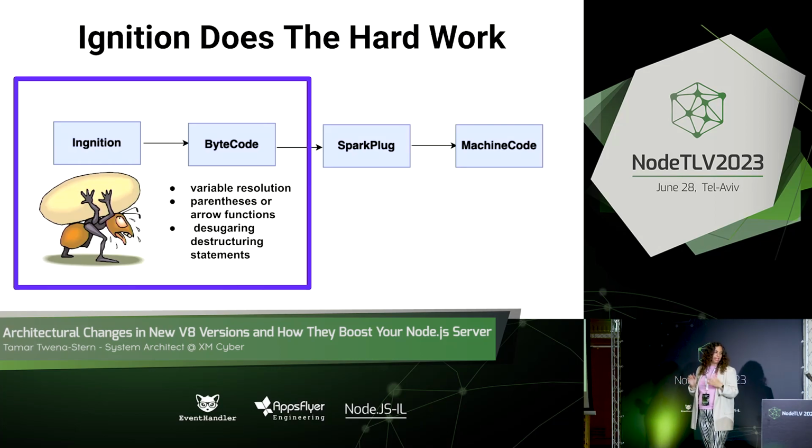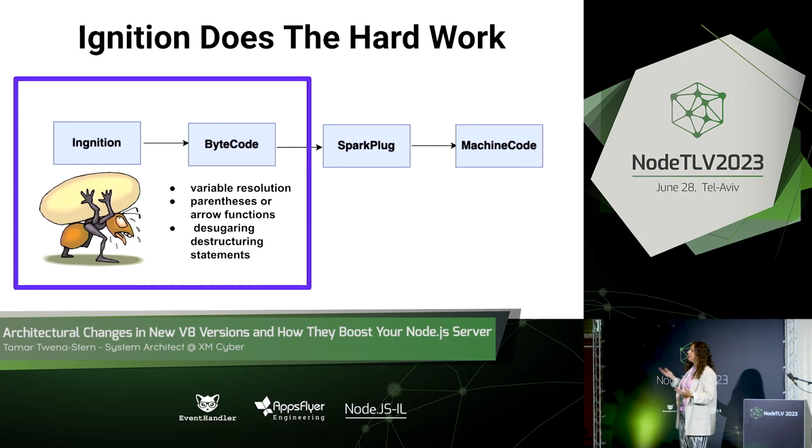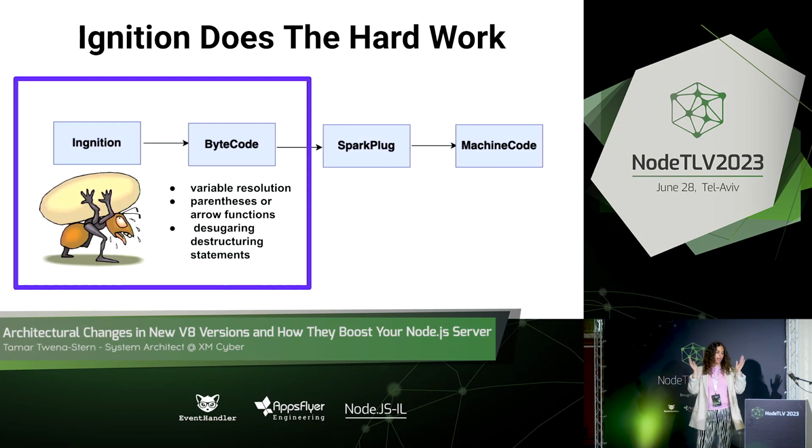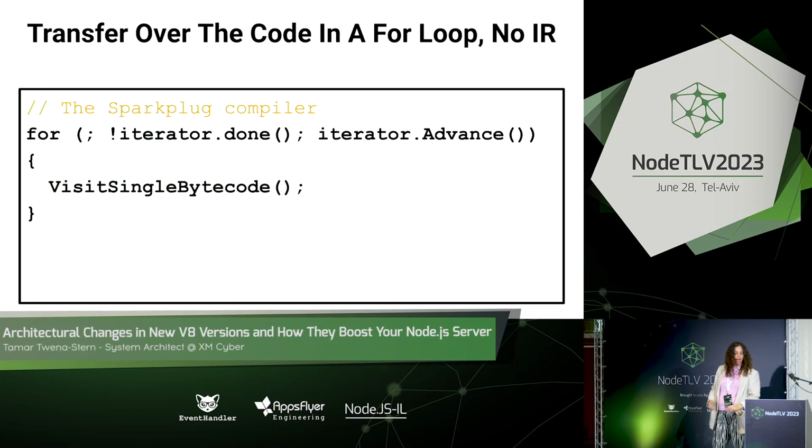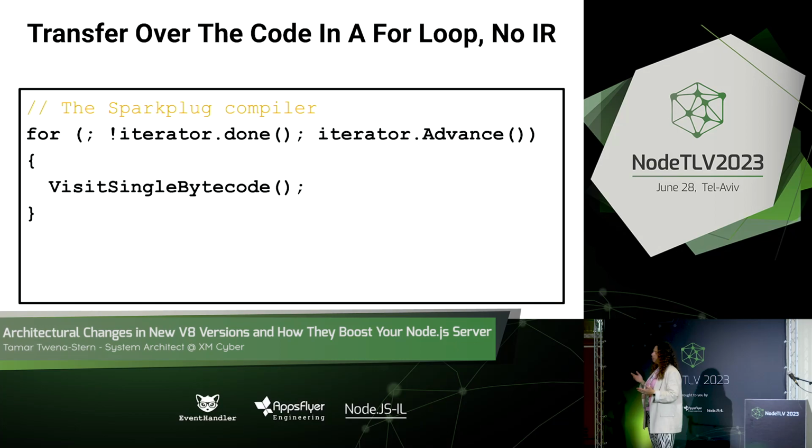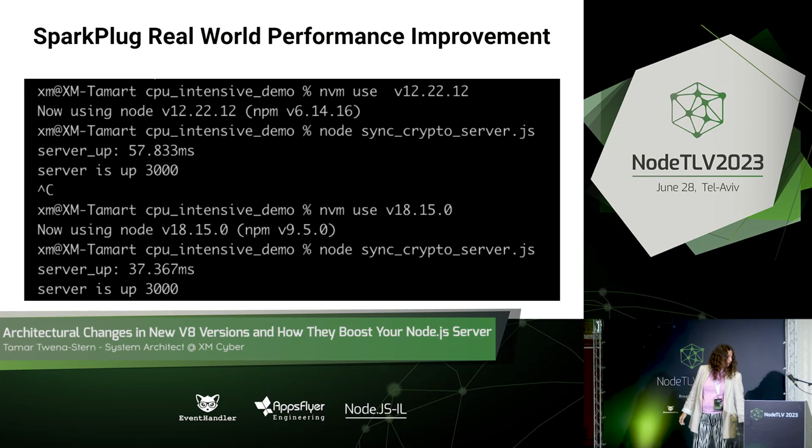The advantage here is that Ignition has done the hard work, like variable resolution and understanding the parentheses, whether that is an arrow function or not. SparkPlug is working in a for loop. Every bytecode which is generated is sent to SparkPlug, and machine code is generated.